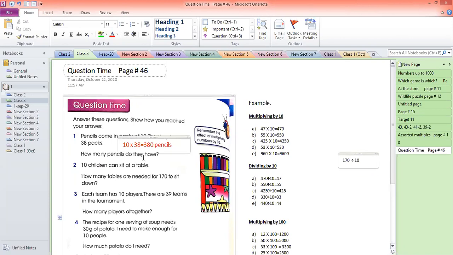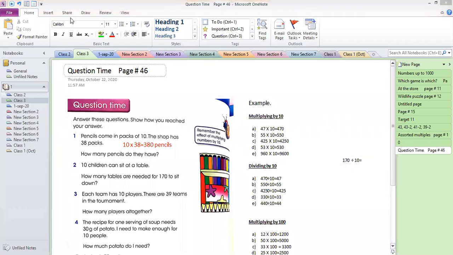Why? Because you have 170 children in total, and on one table 10 children can sit. So 170 divided by 10 equals 17.